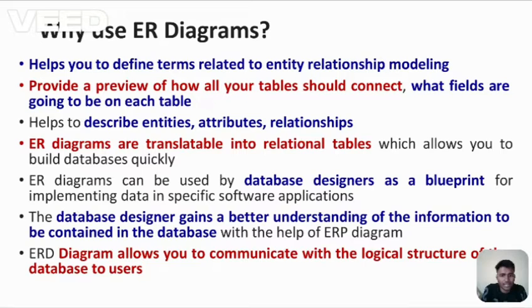An ER diagram can be used by a database designer as a blueprint for implementing data in a specific software application. ER diagrams are a flow of data in which we have entities, attributes of those entities, and relationships between them. This is the simple way in which a developer and a user can understand the data.